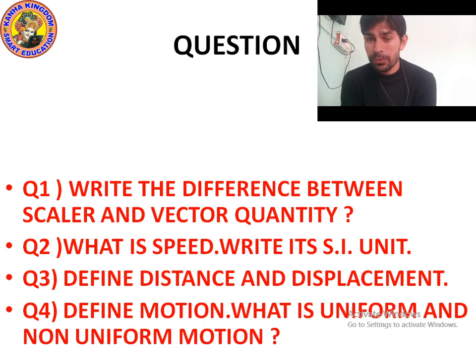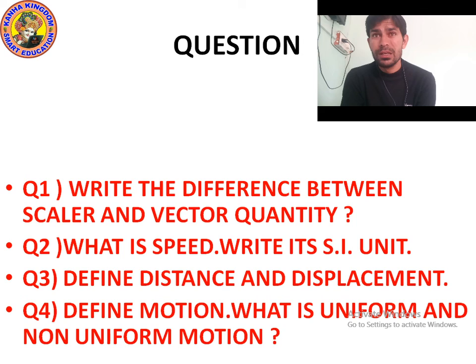What is non-uniform motion? Non-uniform motion is that motion in which speed changes. Speed never remains constant. We know that speed is distance upon time, so either distance will change or time will change, or maybe both will change.